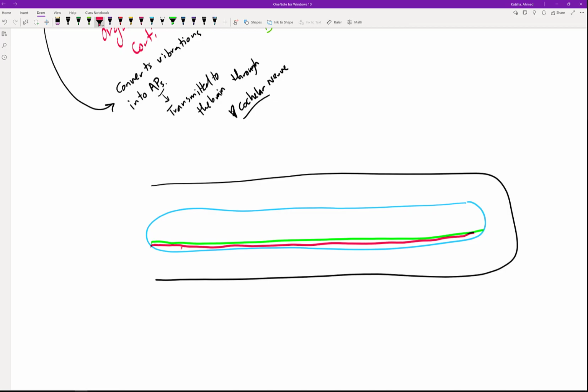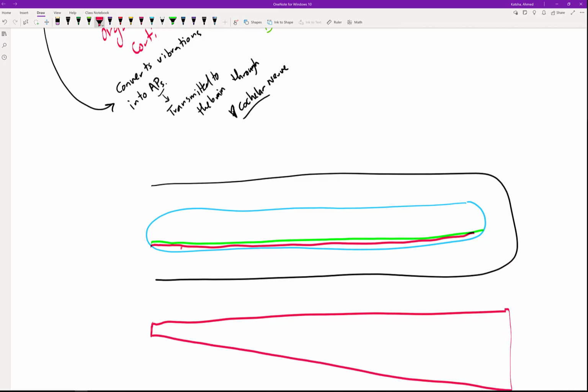The tectorial membrane or the basilar membrane, those are technically like fibers. At the bottom of the cochlea, those fibers are short. And as we go to the tip of the cochlea, those fibers will get longer.